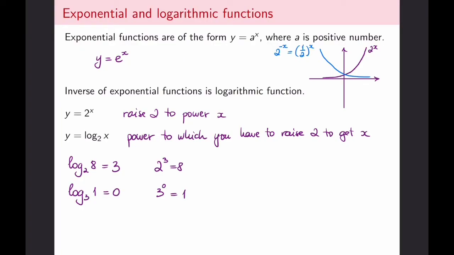Now notice that you can't always compute something, not necessarily, so it's easy to note that logarithm base 3, for example, of 0 is not something that we can compute because there is no power to which I can raise 3 to get 0, which means that this logarithm does not exist.